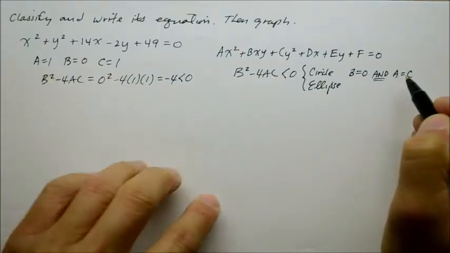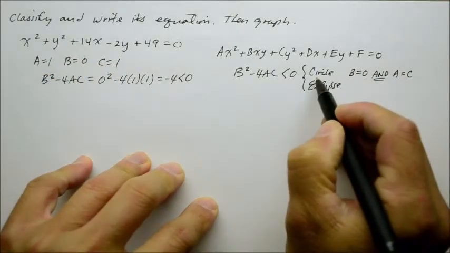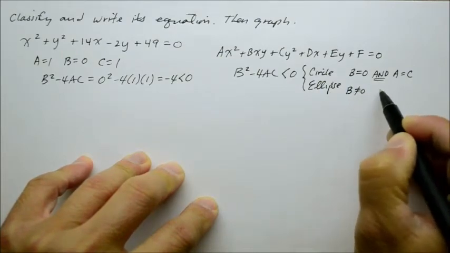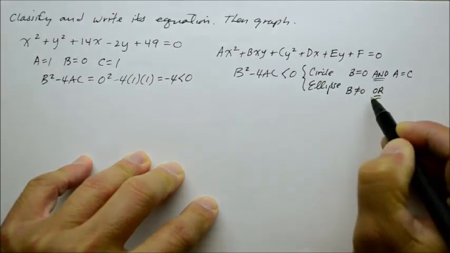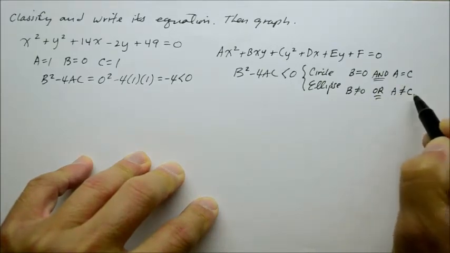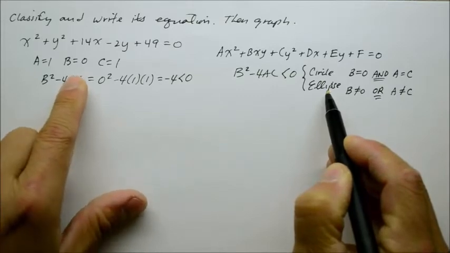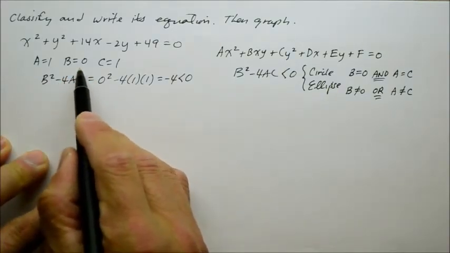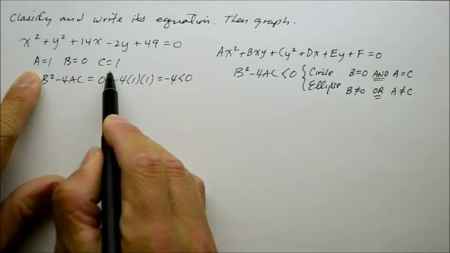Yes. Then it's a circle. Otherwise, if the b did not equal 0, or, now this one's either or, a does not equal c, then it's an ellipse. But in this case, it meets both conditions of a circle: b equals 0, and the a and the c equal each other.